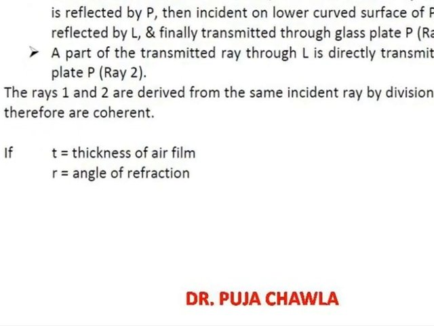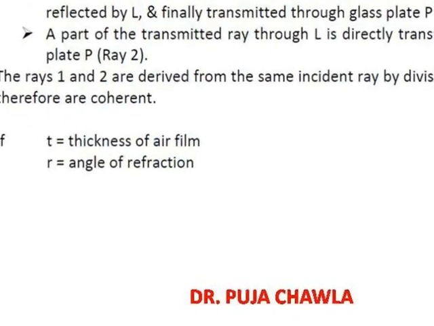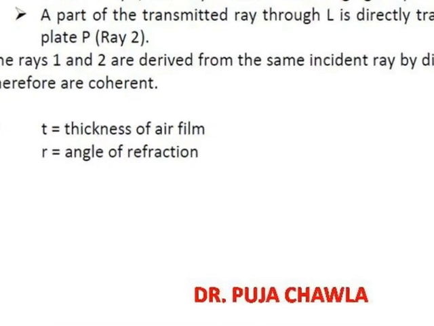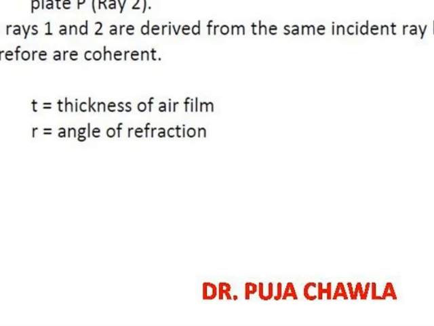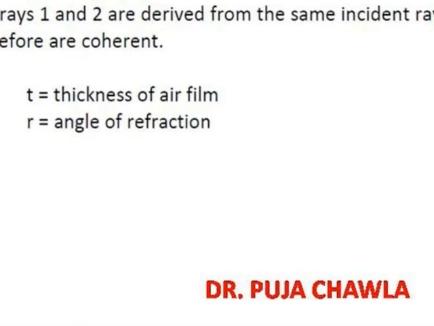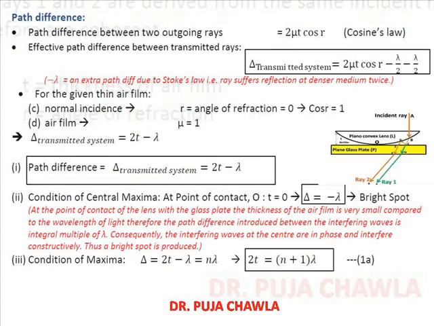Now, for determination of path difference, we have considered 2 factors. Suppose small t is the thickness of the air film and small r is the angle of refraction. We can find out the path difference by simply applying the cosine law. What is the cosine law? Path difference equals 2 mu t cos r.